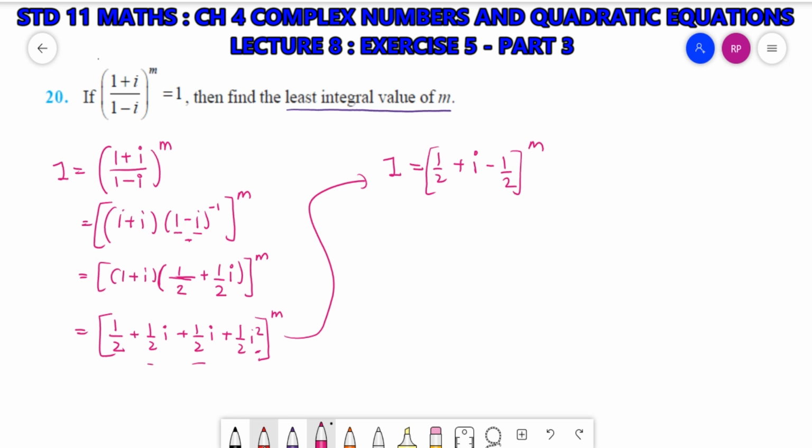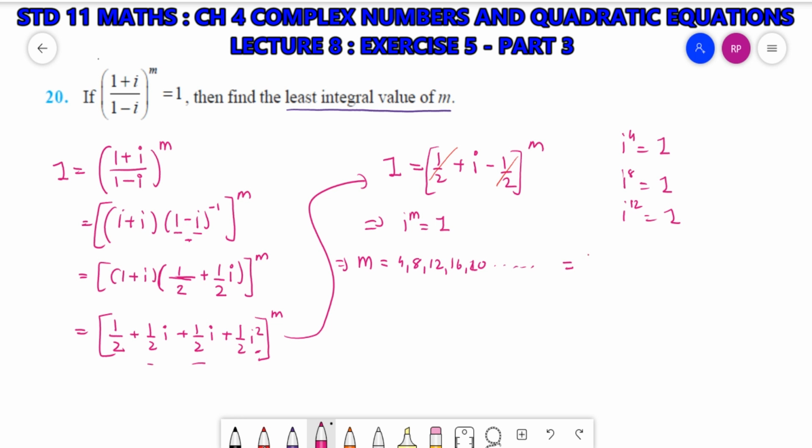So 1 by 2 and 1 by 2 will get cancelled, so it will be i raised to m. So I will get that i raised to m is equal to 1. But we know that i raised to 4 equals 1. The next time it will be 1 is i raised to 8, then i raised to 12, and so on. So the value of the power m will be 4, 8, 12, 16, 20 and so on.